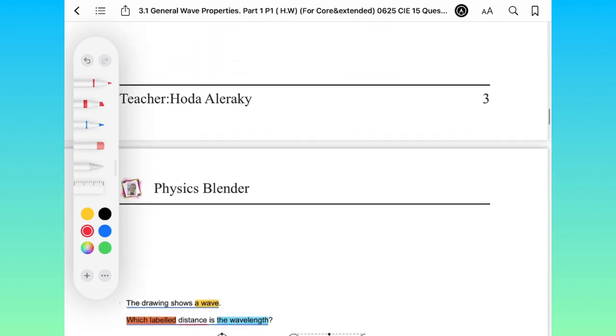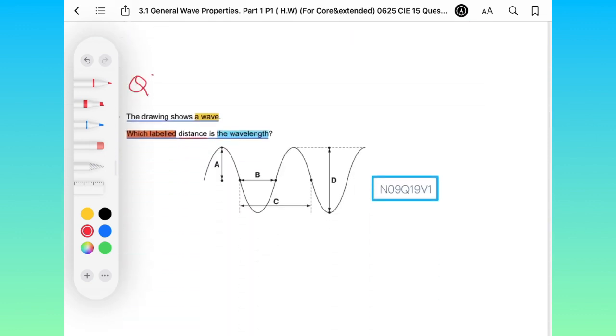Okay. Question number 5, which labeled distance is the wave length. Okay, again, if you can draw just the line for representing this rest position, or sometimes we call it the undisturbed position before the particles vibrate up and down.